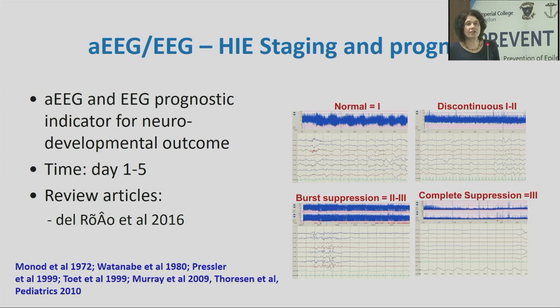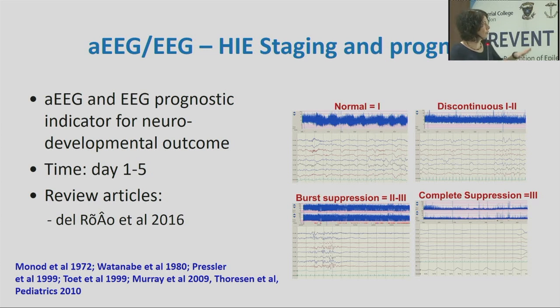So aEEG is very useful in evaluating the background activity in HIE. So you have normal, discontinuous, burst suppression and complete very low amplitude. And the best time is the first to the third day.